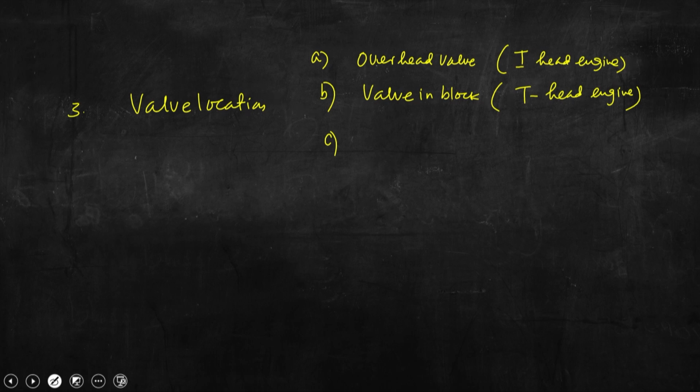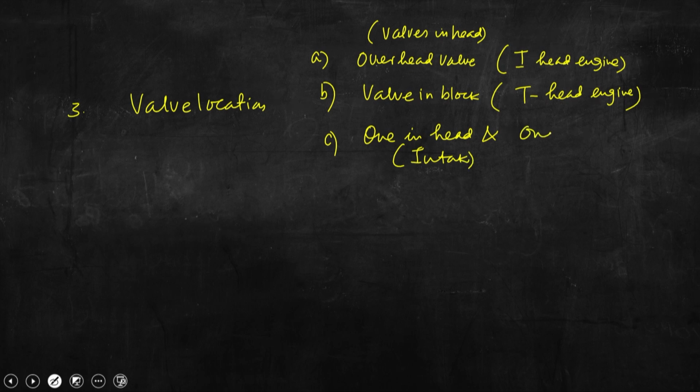So, overhead engines have valves in head, and then L head, one in head and typically one in block, intake and exhaust.